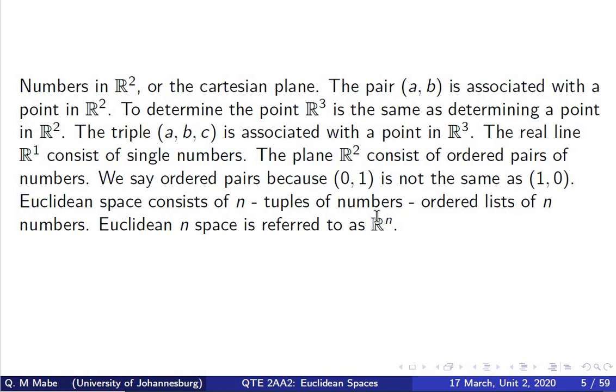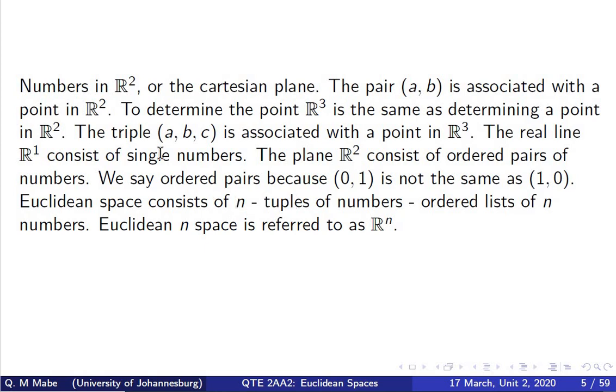We start with a singleton, which is just a point in R, a double, which is a point in R2, a triple, which is a point in R3, and then obviously as we move on to n, these will be n-tuples.